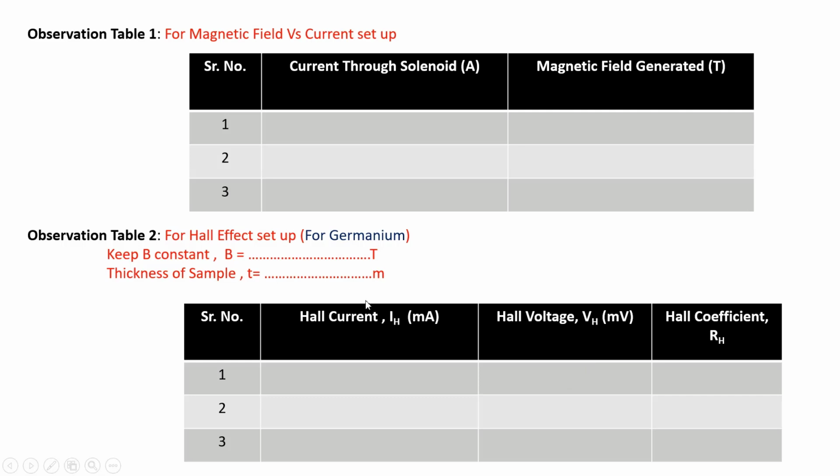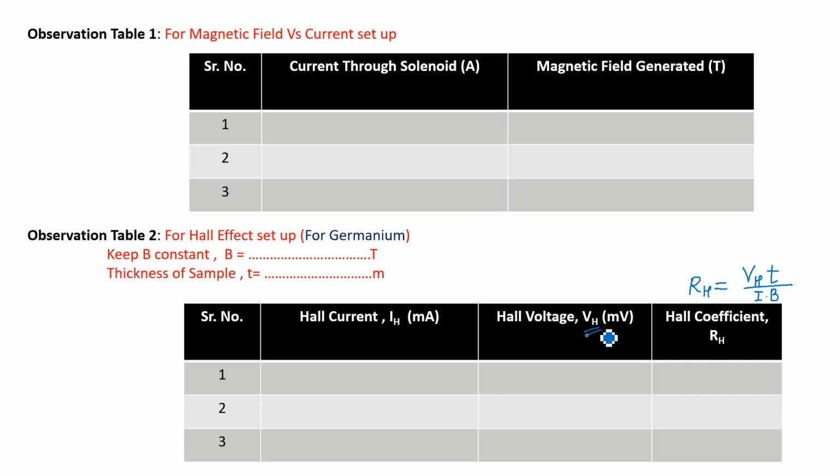Now, once you have filled this table with the observations, you can calculate the Hall coefficient by a formula which I already explained to you. What is that? Let me once again write it over here. So RH we can find by calculation as RH is equal to VH, the Hall voltage, into thickness divided by current into magnetic field.